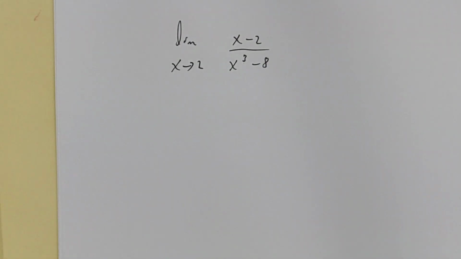What do we get? 0/0. You cannot divide things by 0, math error. So how should we do? Factorize or conjugate? Which one should I choose? Why not conjugate? Okay, very good.